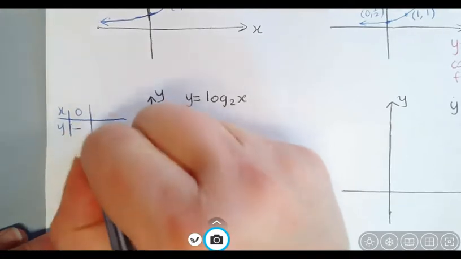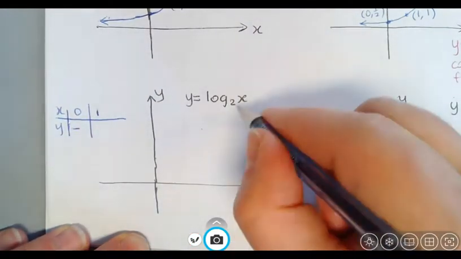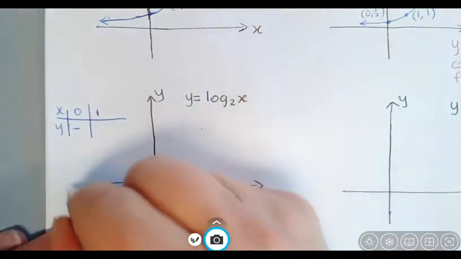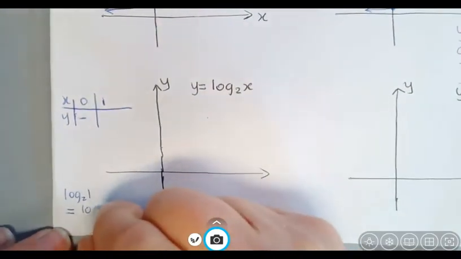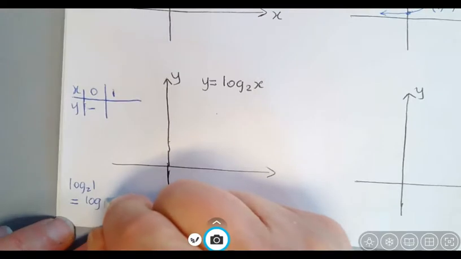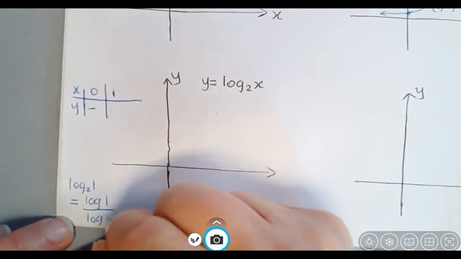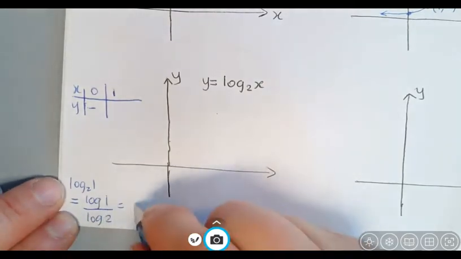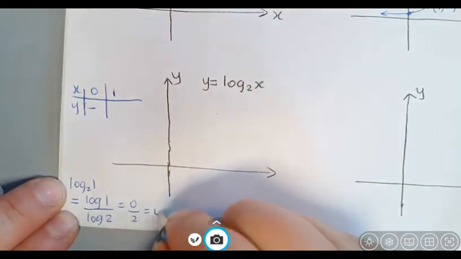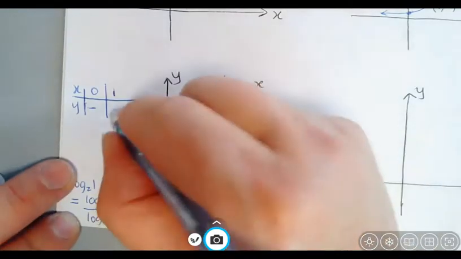Log to the base 2 of 1 is log to the base 10 of 1 over log to the base 10 of 2. But we know that log of 1 is 0. So 0 over log 2 is 0.